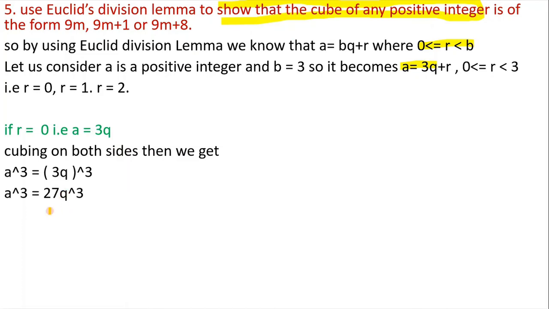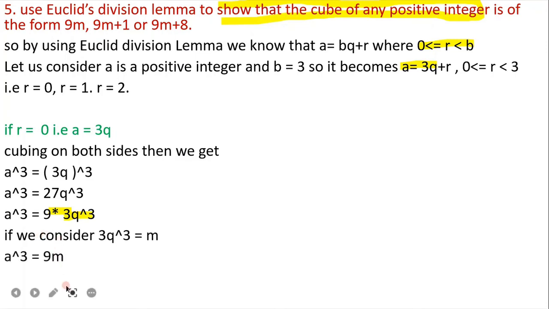If I want to write 27q cube in terms of multiples of 9, then a cube equals 9 into 3q cube. Now, I am considering this 3q cube as m, then we get a cube equals 9 into m.